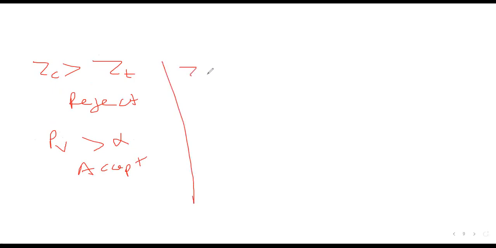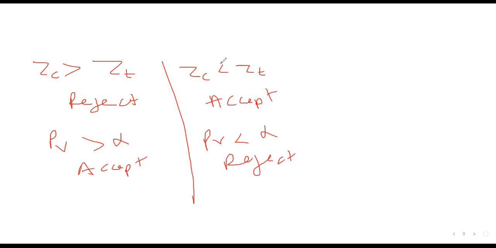If the z calculated is less than the z from the table, we accept. If the p-value is less than alpha, we reject. Are you following so far?